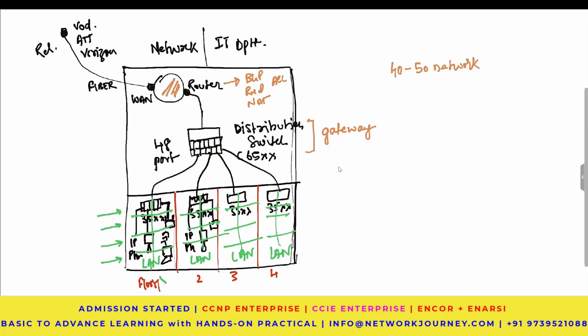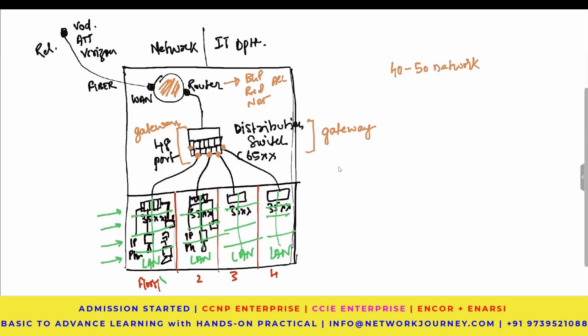So basically all these floors will be pointing the gateway to the distribution switch. The gateway will be the router, right? But for every individual floor, the 35xx series will be mentioning the gateway as the distribution switch. See, the switches here will only do L2 work. We will be only configuring VLANs on them. They will not be acting as a gateway.